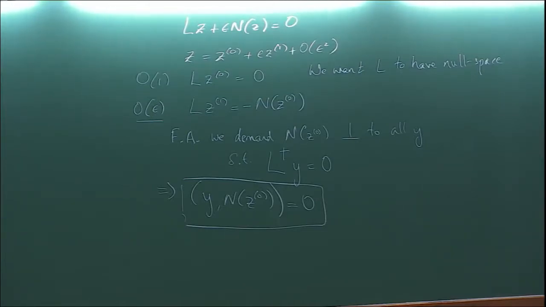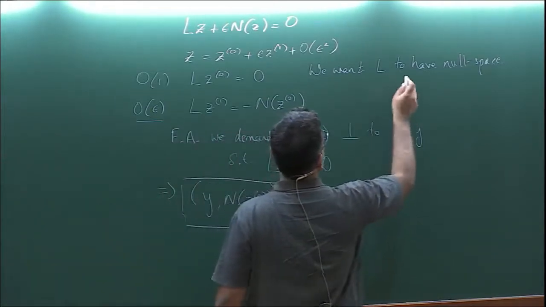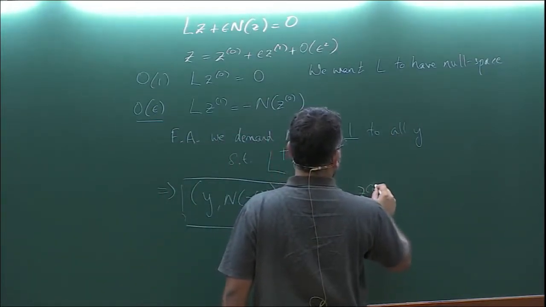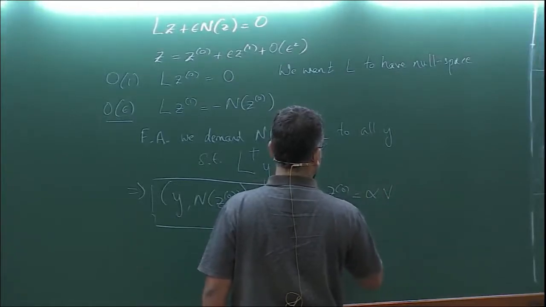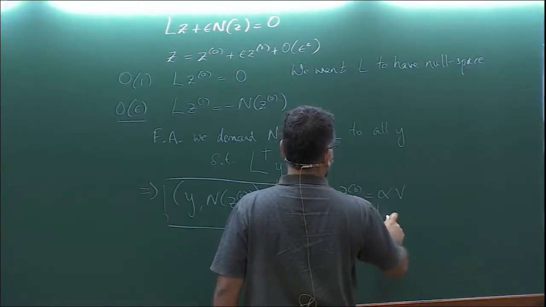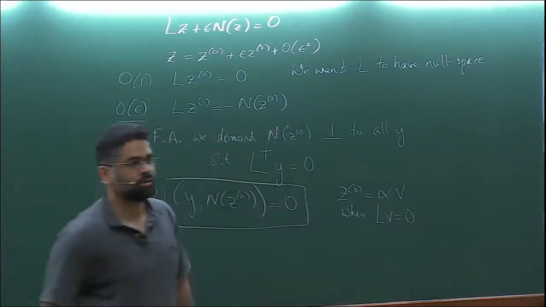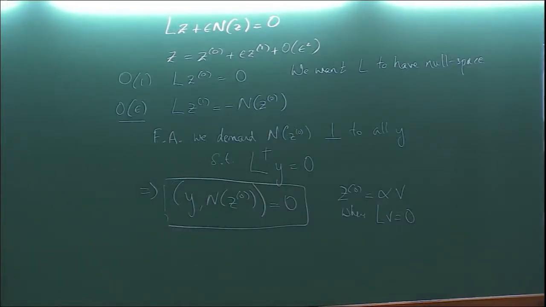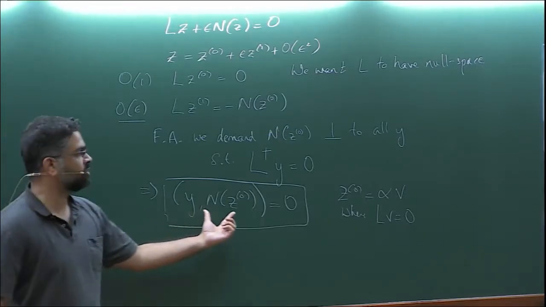So since the first-order problem, if you recall, Z0 can be any alpha v where L v is 0. Alpha is arbitrary. Alpha is a scalar that just scales your 0 eigenvector. The boxed equation is nothing but an equation for alpha.